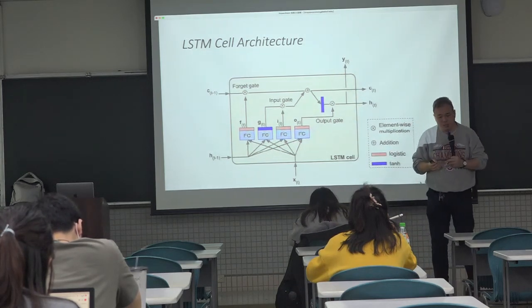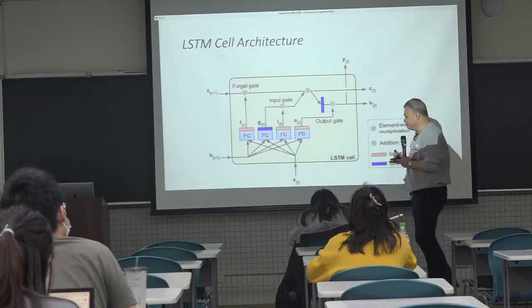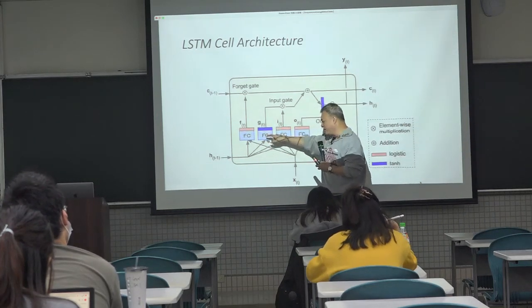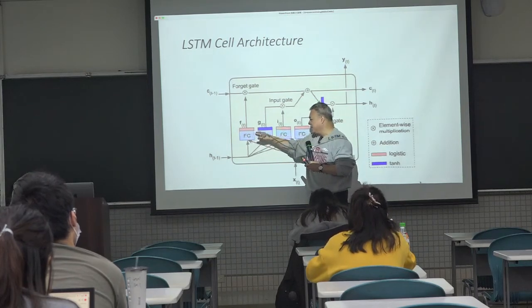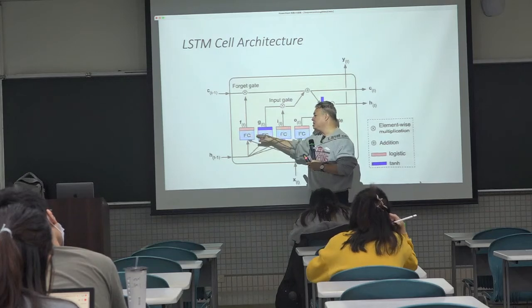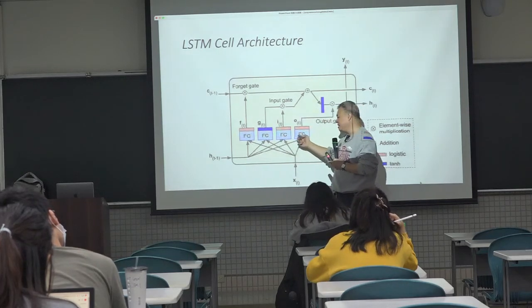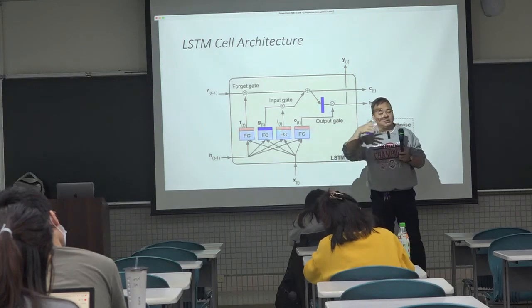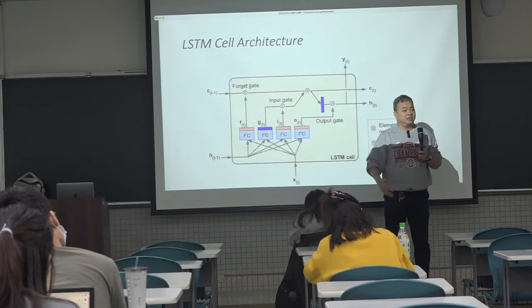Okay. So keep in mind, there will be a lot of weights and biases in these fully connected layers, fully connected networks, obviously. Those weights and bias values will be determined when you train the network.